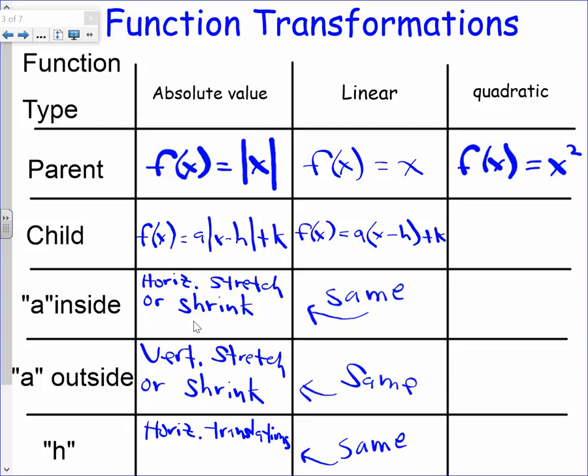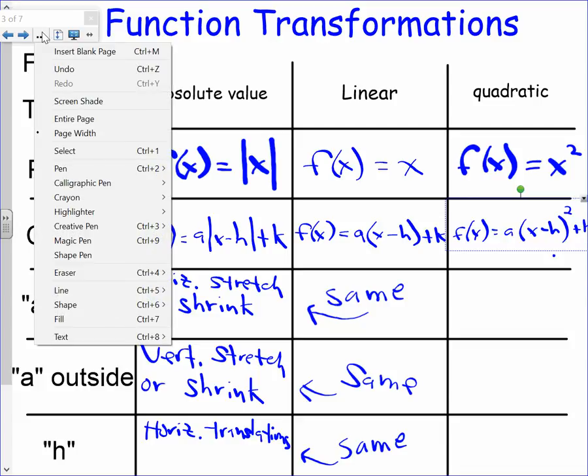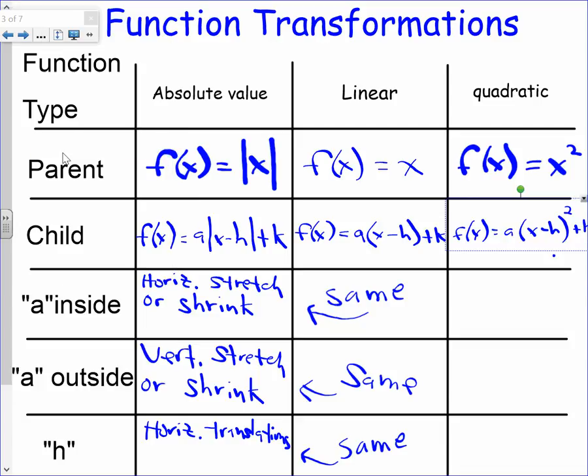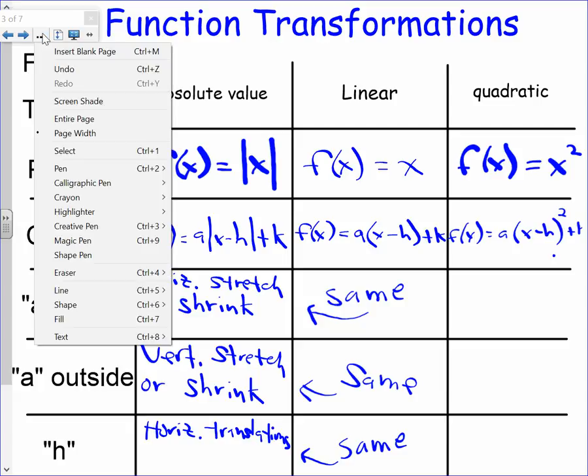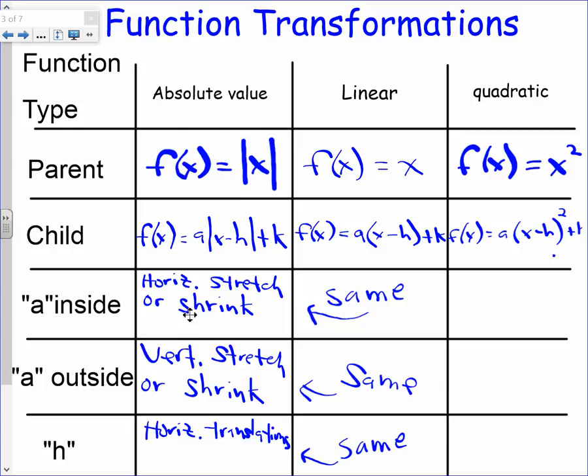F of x will equal a times the quantity x minus h, all raised to the second power, plus k. Let's put in a little k there. There it is.